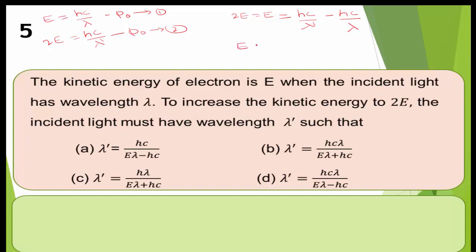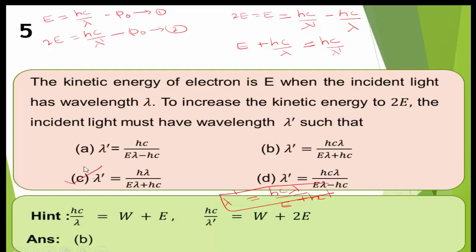In this case E plus hc divided by lambda is equal to hc divided by lambda dash, or lambda dash is equal to hc lambda divided by E lambda plus hc. This is the desired equation. The option C is the right answer.